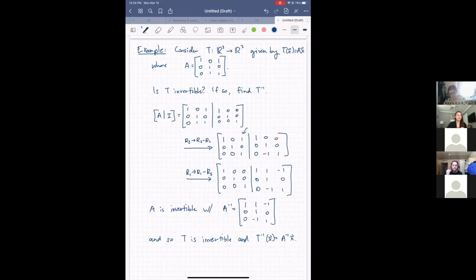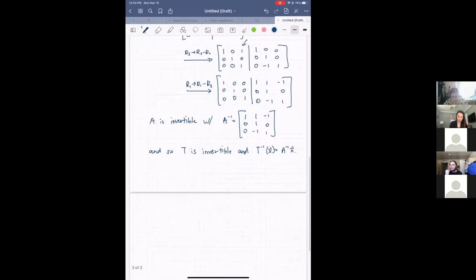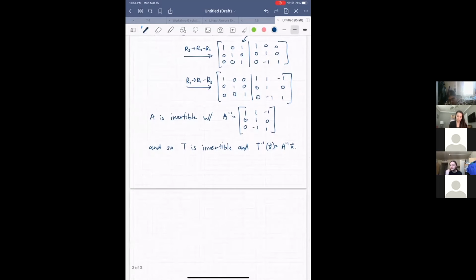Okay, so this is going to be the same process as what we've been using to find the inverse of a matrix. And in fact, if we wanted to write out, okay, I'll actually just leave it there.